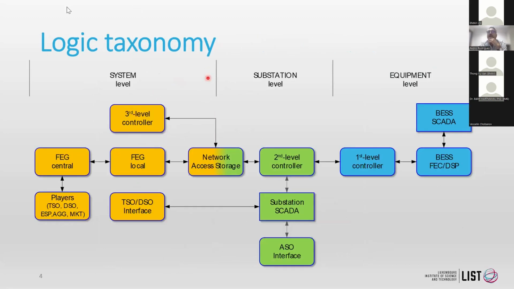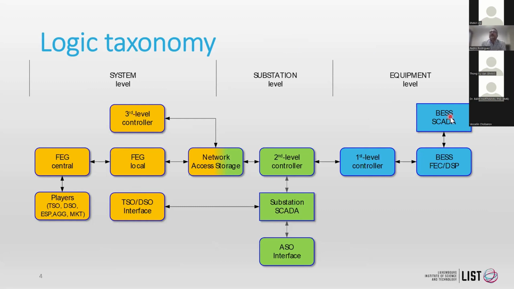There will be a kind of logical organization of this. In blue, you can see some functional blocks related to the local control, the one closer to the hardware: local SCADAs and first level controllers focused on, as my colleagues mentioned, voltage regulation, frequency regulation, and inertia modulation.